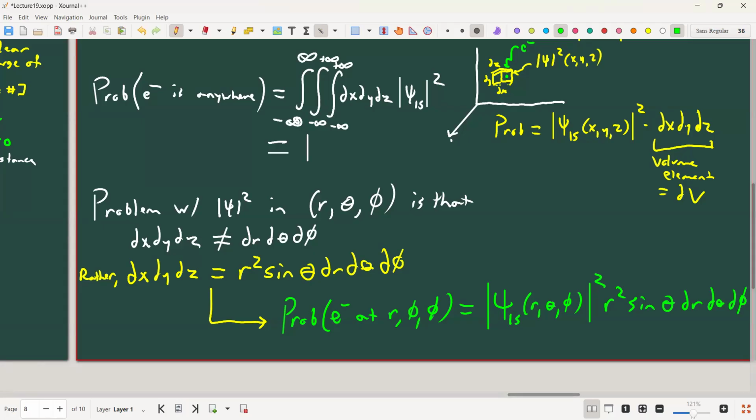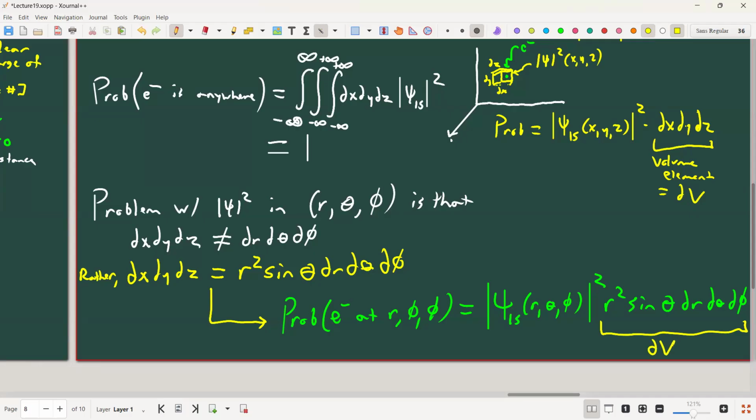There's this additional factor of r squared sine theta that we always need to multiply by in order to properly do the coordinate transformation between Cartesian coordinates, x, y, z, and spherical coordinates, r, theta, phi. So this right here is our dV, a little volume element of probability that we integrate.